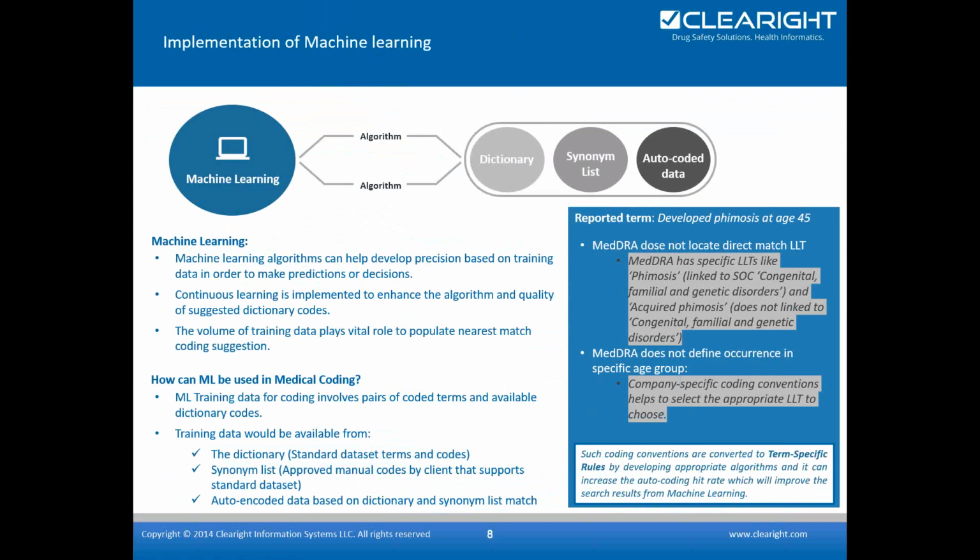MedDRA does not define the occurrence of phimosis at a specific age group. However, company-specific coding conventions help here to find the appropriate LLT to choose. Such coding conventions can be converted into term-specific rules by developing appropriate algorithms where parameters like age, sex, etc. can be used. And this approach can increase the auto-coding hit, which improves the search results from the machine learning.